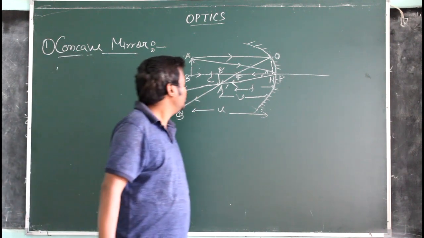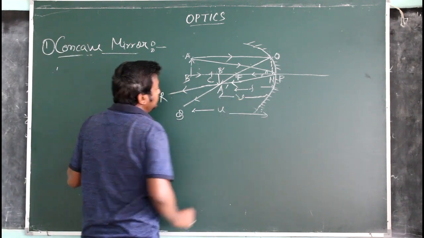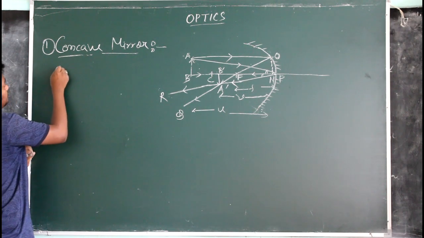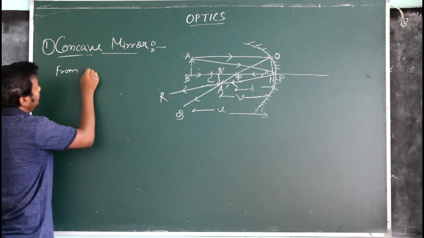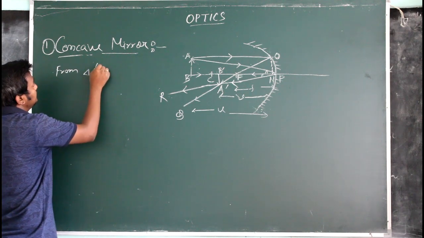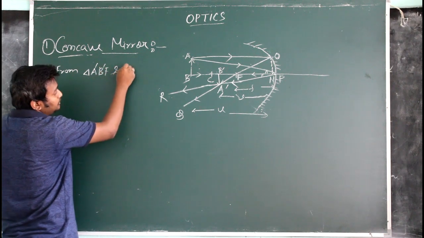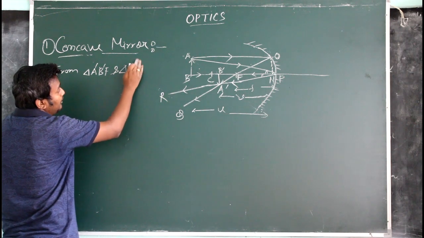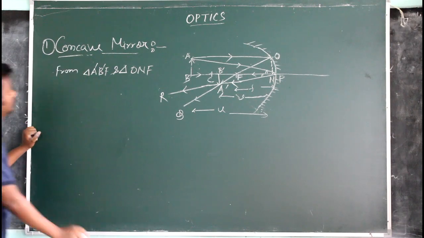So now we will derive the mirror formula. Some parts we consider, suppose some triangles. Consider first the triangle A dash B dash F and triangle ONF.